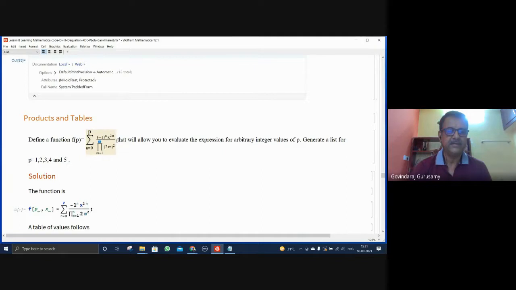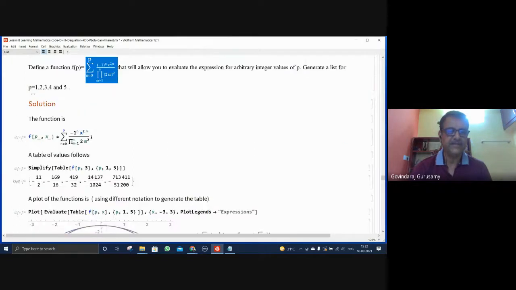So once p is given, n is known. For every one of the n, this summation will also be performed, and m is also sitting here along with that. Then this will be summed over with this. That is what is being defined here in the form of f of p underscore, comma x, because x is a variable here that can be used for plotting.